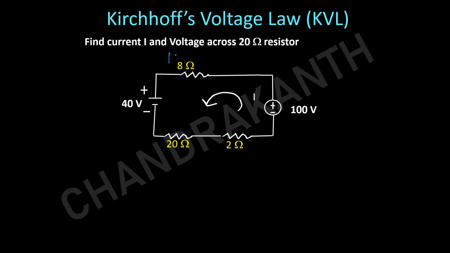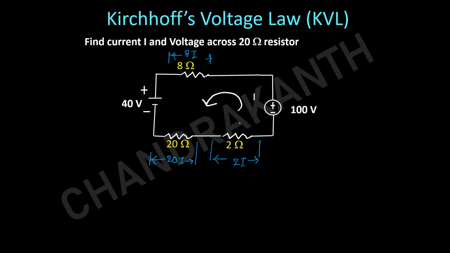So here the voltage across the 8 ohm resistor will be current into resistor. Resistor value we know, 8, but current value is unknown. So you will keep the current as it is. Similarly, the voltage across this is 20I and the voltage across this resistor is 2 times I, 2I.